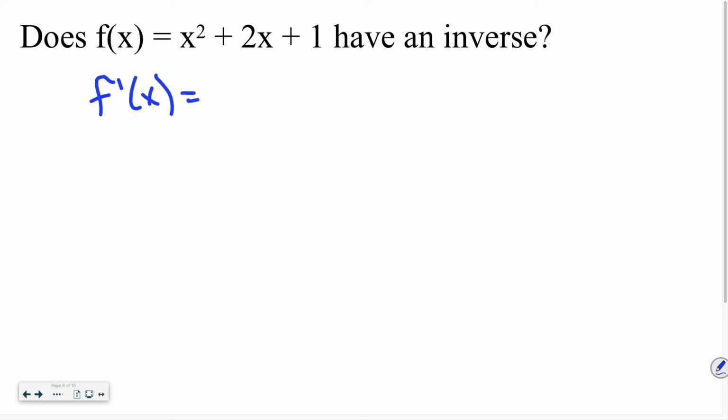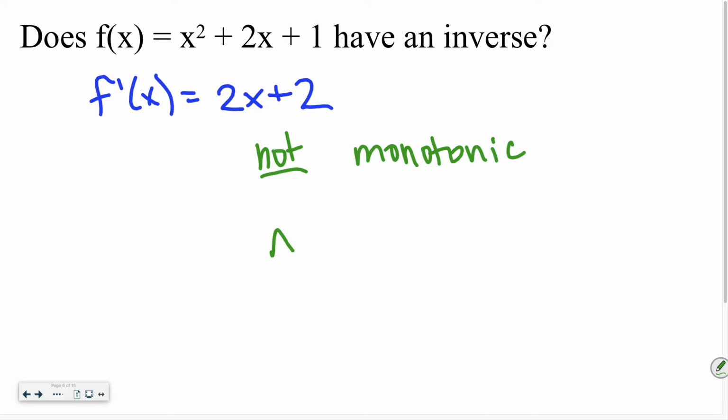Okay, Aaron, what would our derivative be? 2x plus 2. Okay. Is this derivative always positive? Is this derivative always negative? Or neither? Okay, neither. This line is sometimes positive, sometimes negative. So this is not monotonic. So there is no inverse.